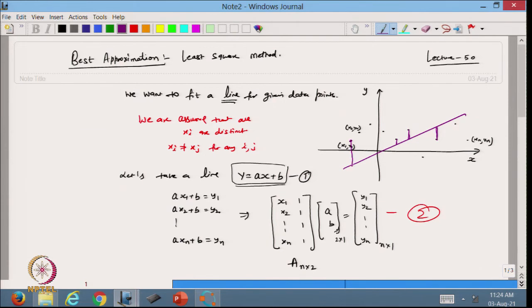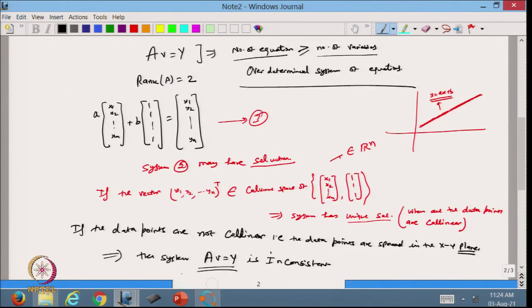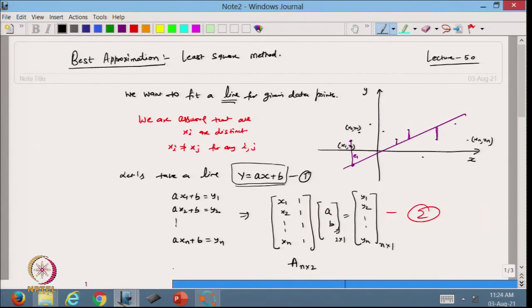The actual value is this one, and by the line we are assuming this one. So, it is my E1 basically. So, this is equal to E1 square, E2 square and En square. Now we come to know that I cannot fit a line which is passing through all these points.